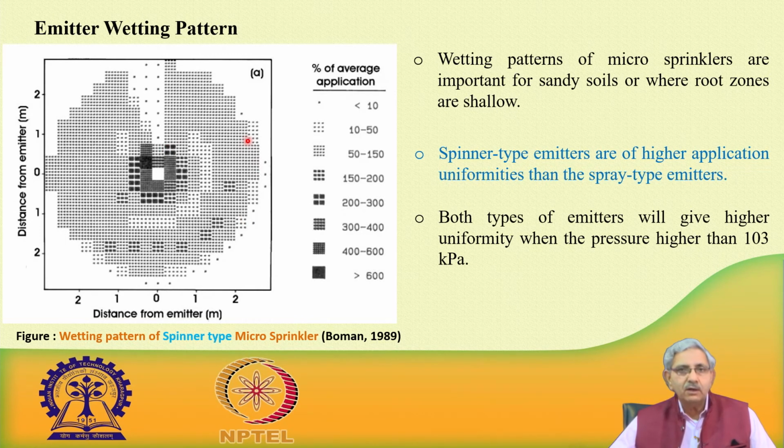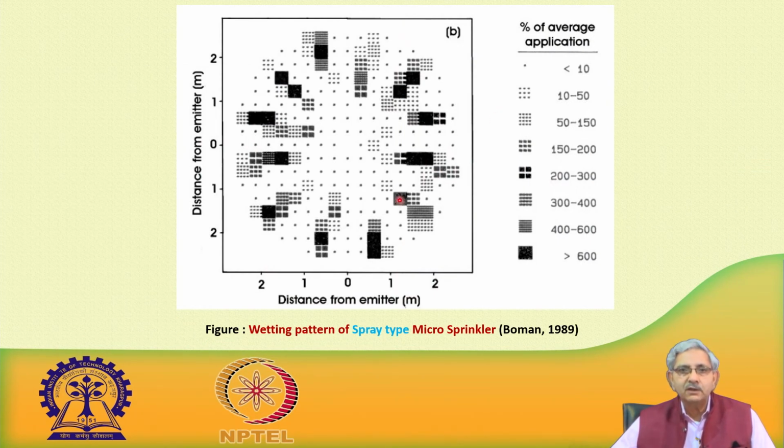So, this is the typical water depth pattern, and this is another type of wetting pattern, for the spray type of micro sprinkler, where we see the depth of water at the outer periphery is considerably larger compared to near the stake. This is another way the water distribution takes place. Using catch cans, data were collected on how the moisture or water droplet distribution takes place.